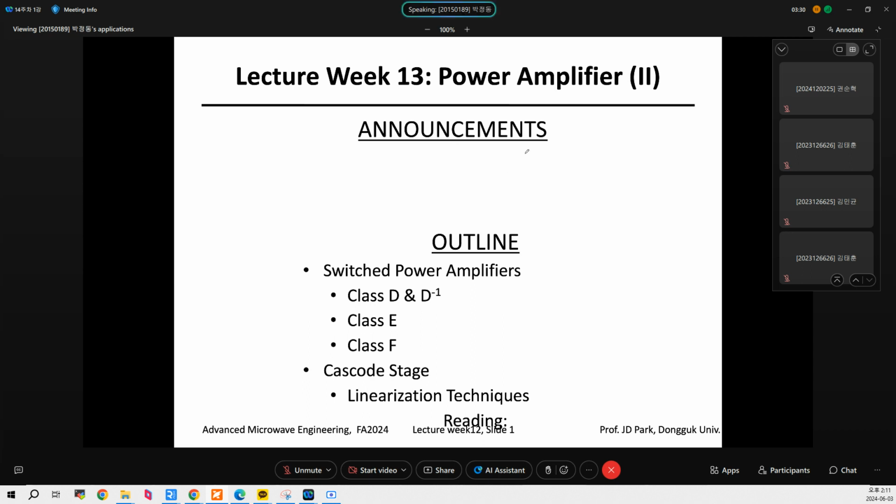So for class A, B, and C, those are called transconductance amplifiers, because those amplifiers utilize the GM, right?